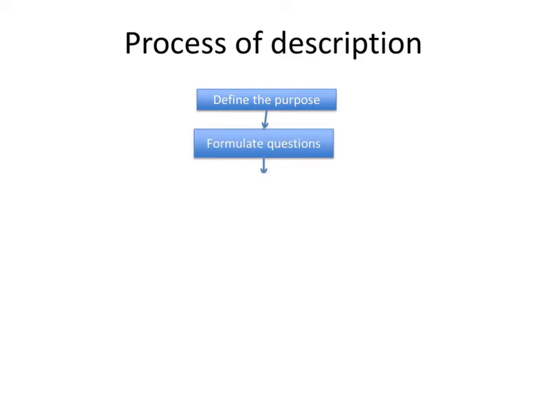Then you are going to formulate some questions. The questions are going to help you to clarify what you want to say about the thing, about the situation, about the image, or about the process you're describing.